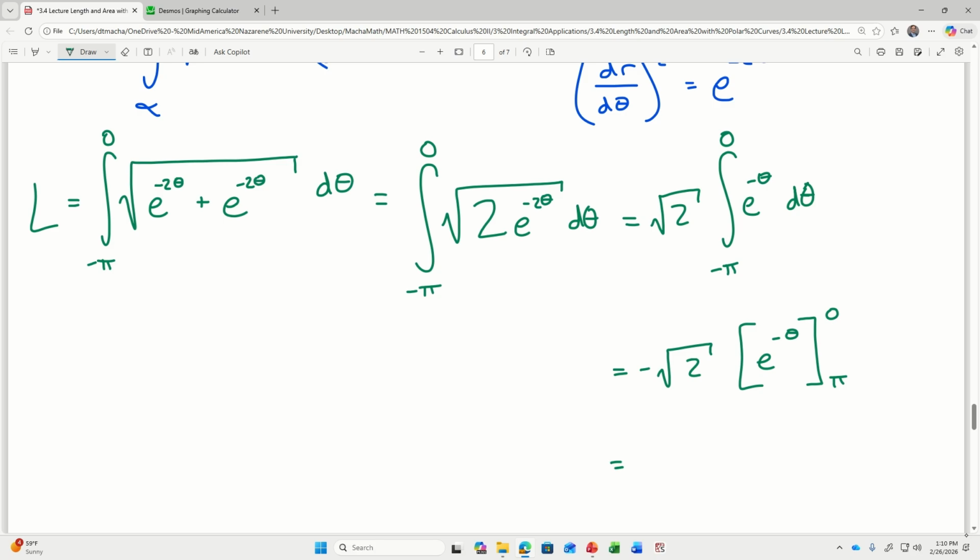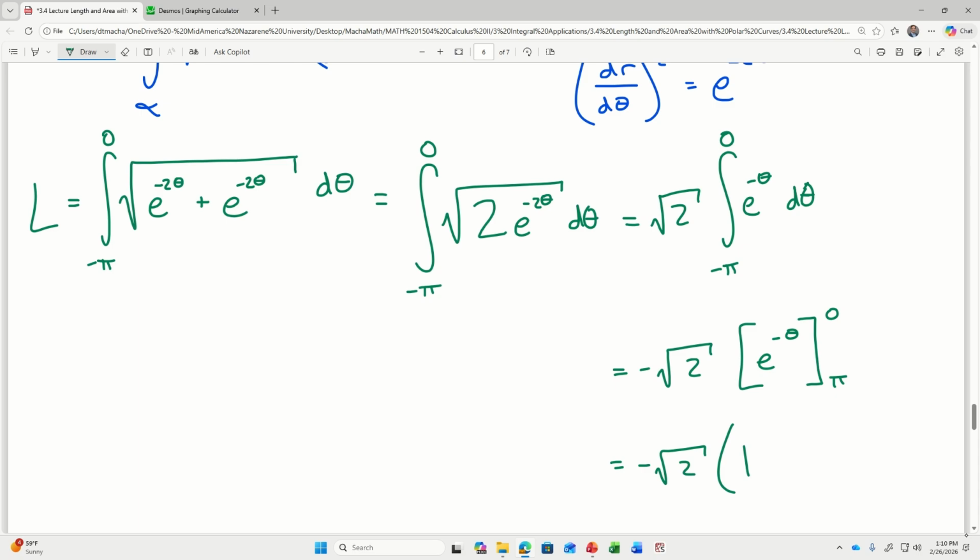And then if I plug in 0, I'll get e to the 0 power. E to the 0 power is 1. But it's still negative. I guess it doesn't matter if it's 0.